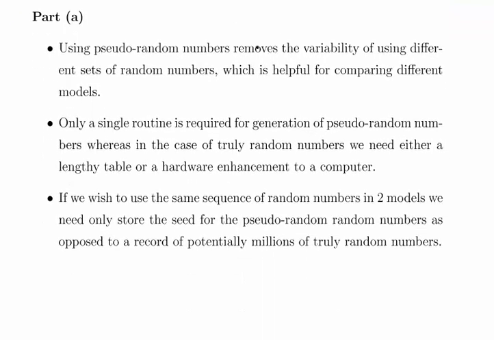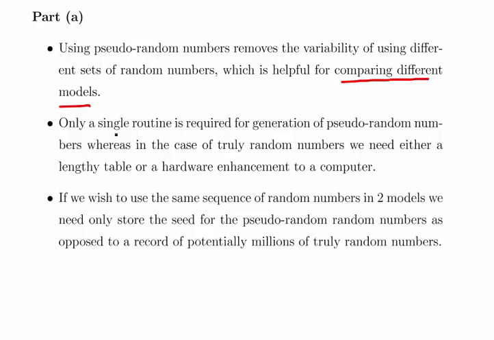So that first bullet point is essentially that you can specify the settings, and you would be able to have the same set of random numbers for 2 different models and see how both models approach each other. So it allows for this comparison, basically, is the key thing there.